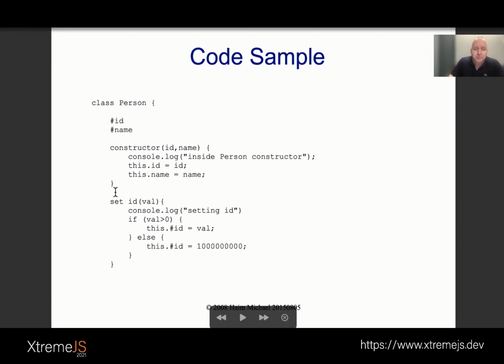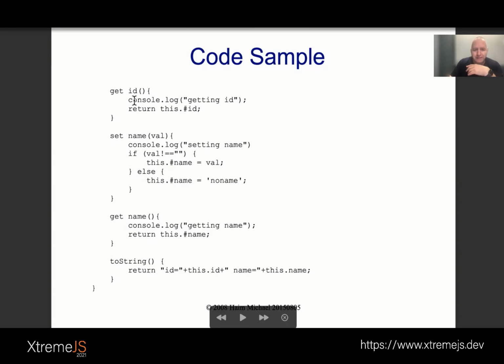Now, over here, we see a definition for a function. The syntax is a bit strange, and I found that many developers are not aware of that possibility. Take a look at this function, set ID, and this one, get ID.